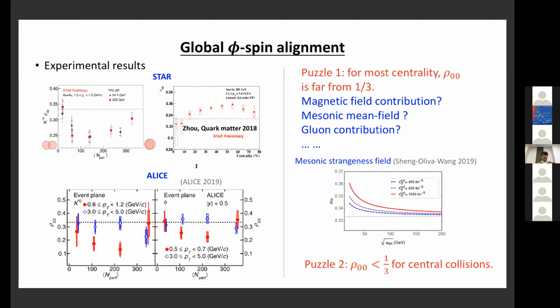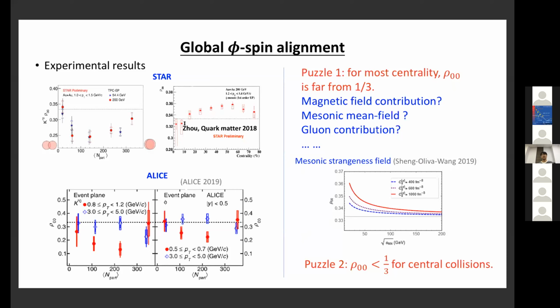Another puzzle is that there's a big error bar for ALICE in the central case. So let's focus on the STAR data at central collision. Though the error bar is still large, you can see that the rho 0,0 is smaller than 1/3 in the central collision.